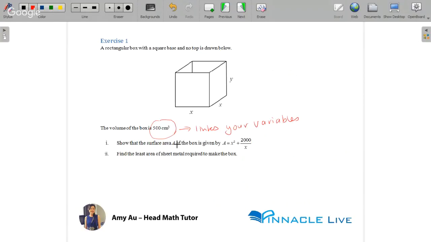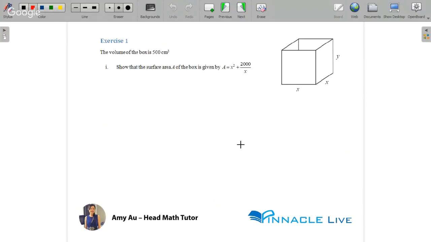Our first objective here is to show that the surface area is given by that expression there. So let's go straight into it. Let's start with, well, what exactly is the surface area? If you think about it, we've got 1, 2, 3, 4 sides, and then the bottom side, 5.